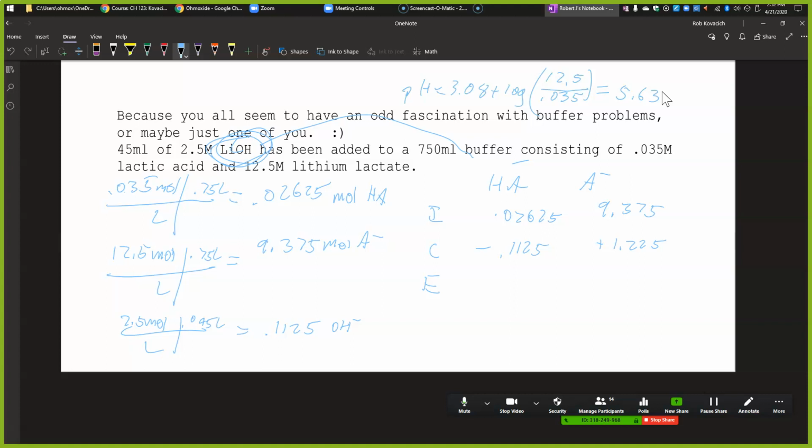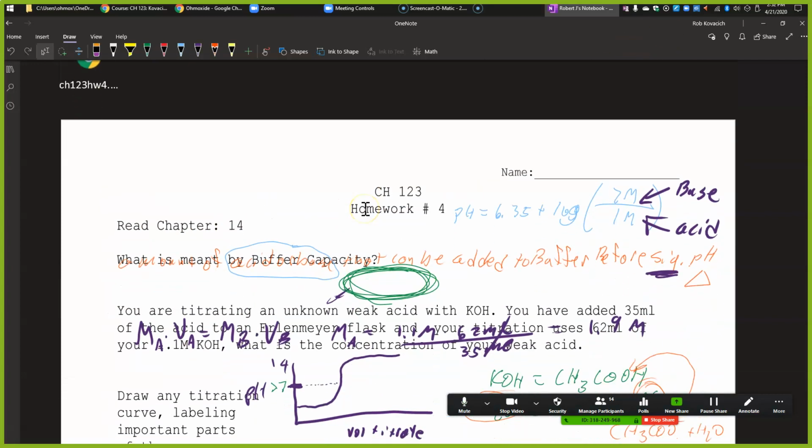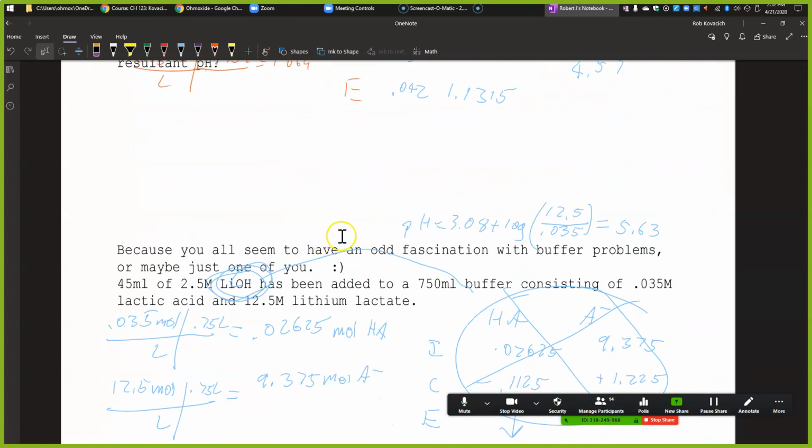We like imaginary. This ends up leaving us with 0.08625 moles of OH minus. And we don't care about the rest of this problem here, because we did what? Overwhelmed the buffer. We exceeded the buffering capacity of our buffer.